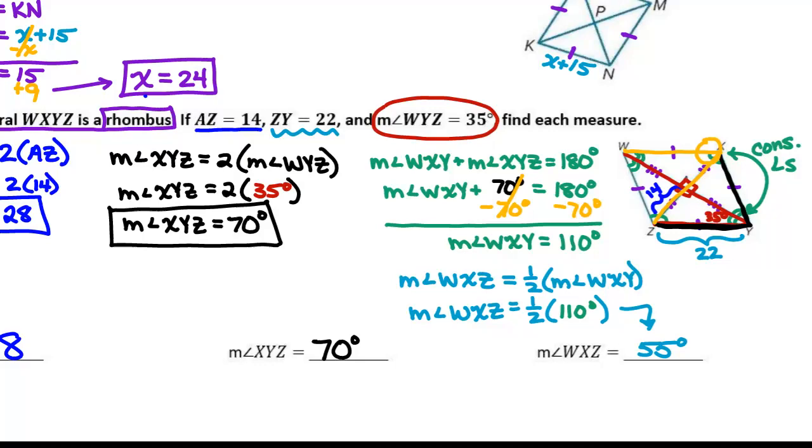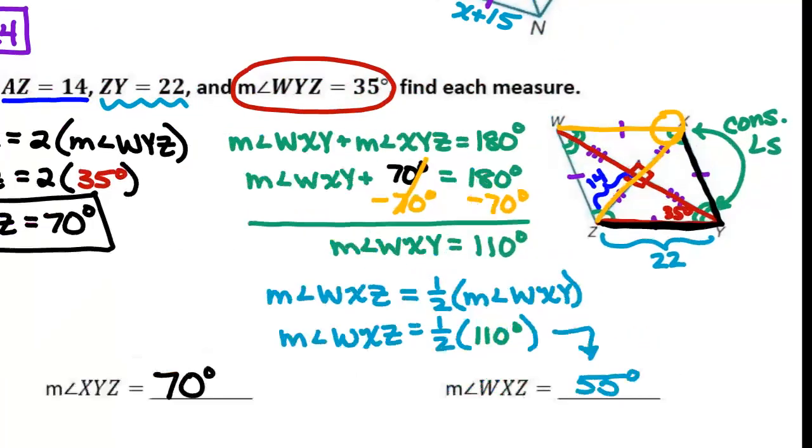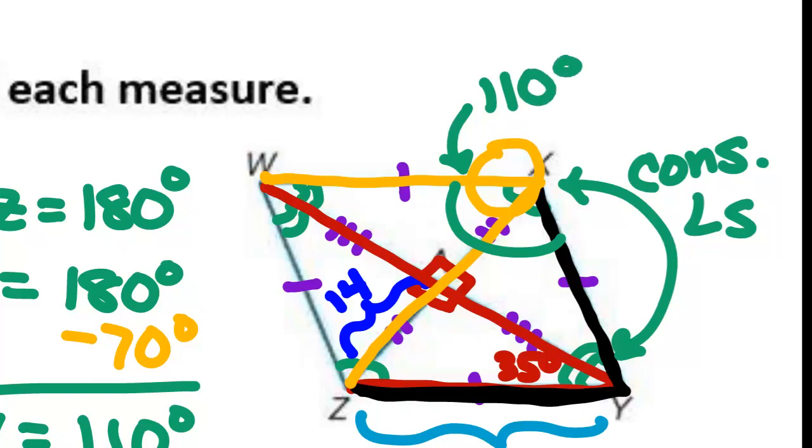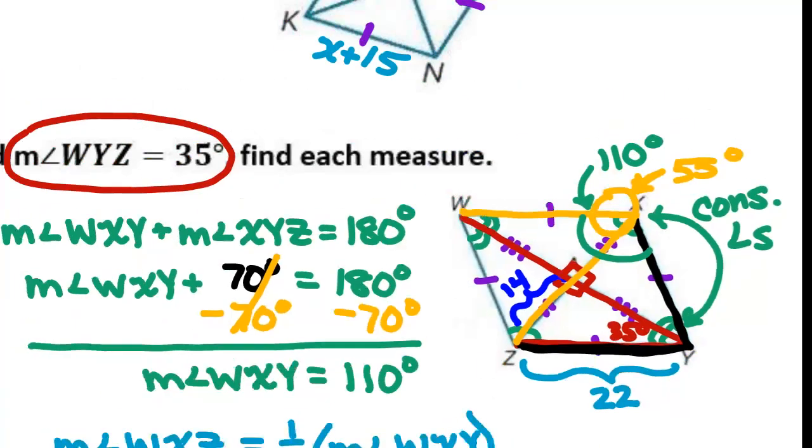Does that make sense? Yes. Because this whole angle right here is 110 degrees. And then we cut that in half to get our 55 degrees here.